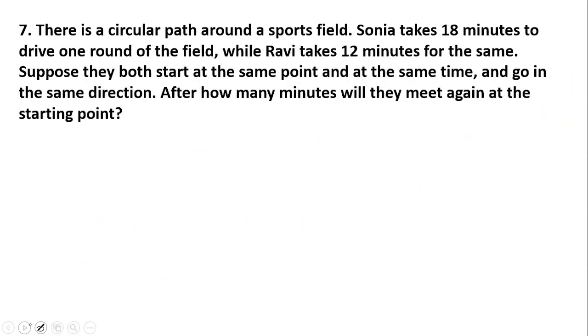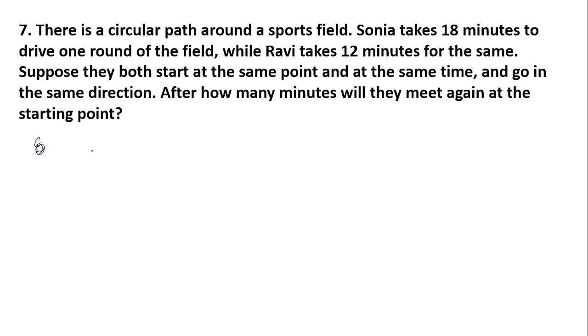Next question, 7. There is a circular path around a sports field. Sonia takes 18 minutes to drive one round of the field, while Robbie takes 12 minutes for the same. Suppose they both start at the same point and at the same time and go in the same direction. After how many minutes will they meet again at the starting point?